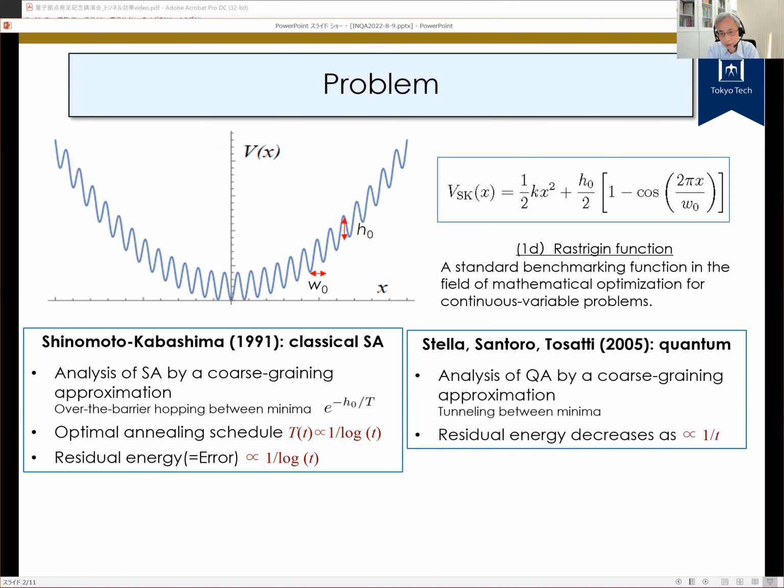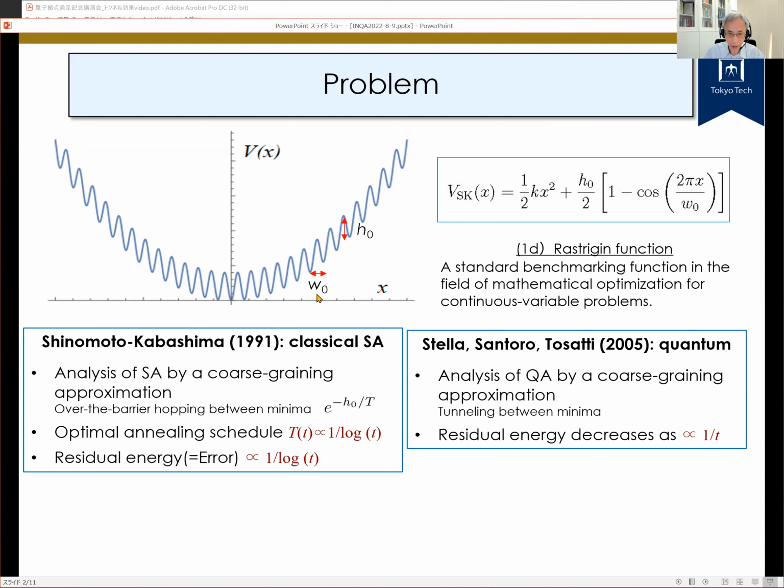And in 2005, Stella, Santoro, Tosatti, and Trieste analyzed the same problem under the context of quantum annealing. And they adopted a very similar approximation. That is, once again, they assumed that the particle can exist only in one of those local minima. And they assumed that the particle can tunnel through the barrier to the neighboring position.